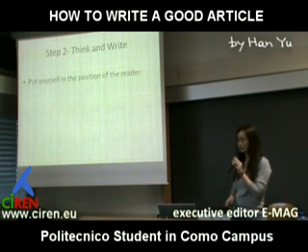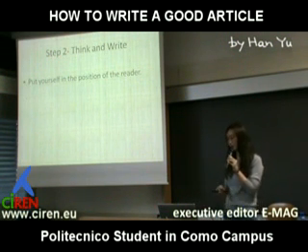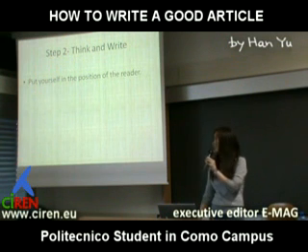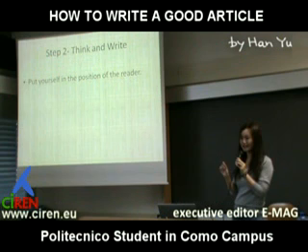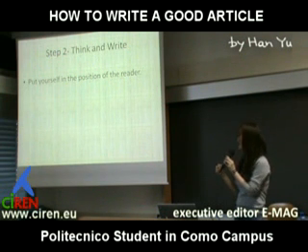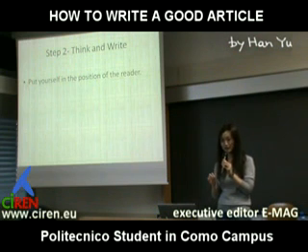And step 2, after study and research, you should think and then write. We put think first and then write. So it's still the importance of planning before you do any writing. First of all, put yourself in the position of the reader.